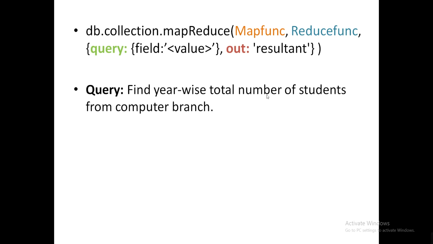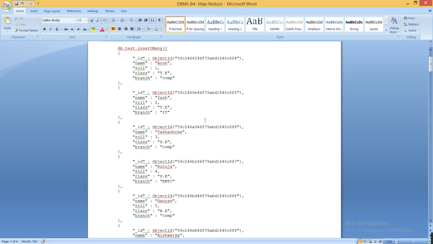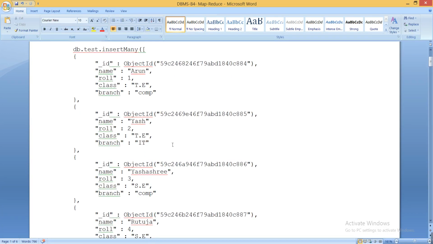So for seeing an example, I have a query over here, that is, we will have to find year wise total number of students from the computer branch. To have a look at what data we are going to deal with, here we have a collection called test, and we have inserted a few documents in this test collection.